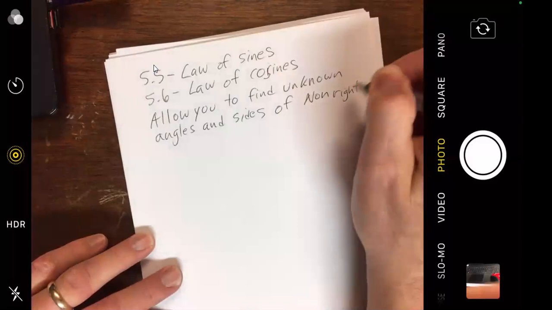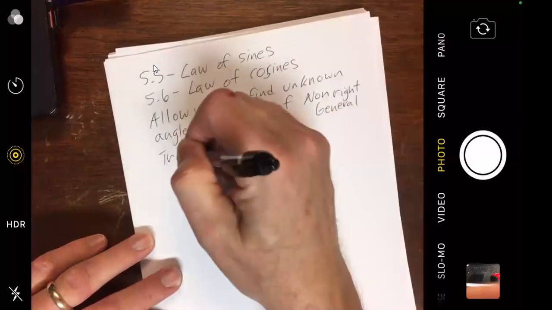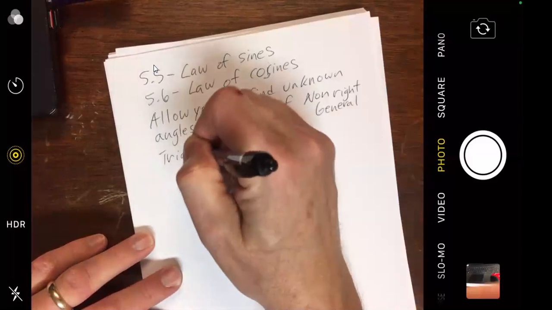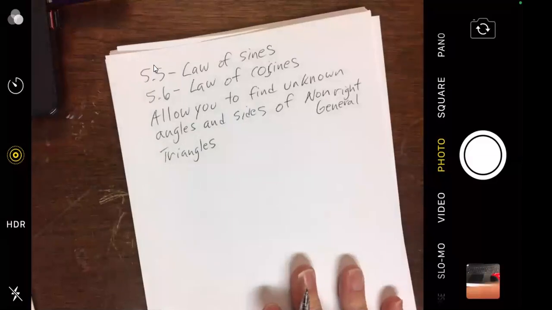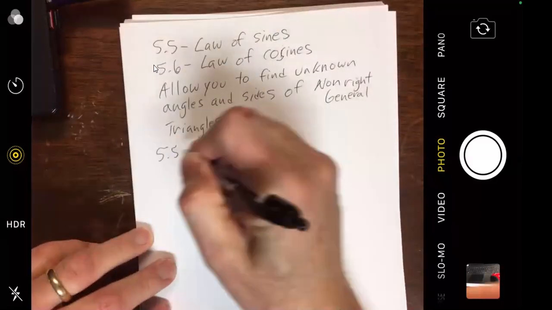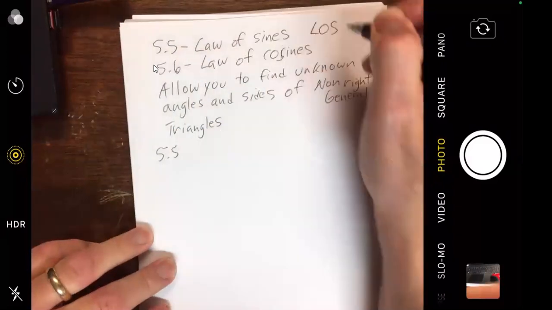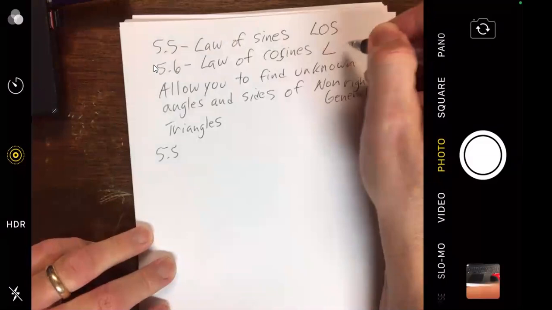I think I should use the word general triangles. 5.5, we'll abbreviate this LOS, and we'll abbreviate law of cosines LOC.